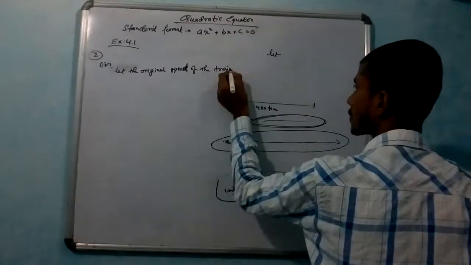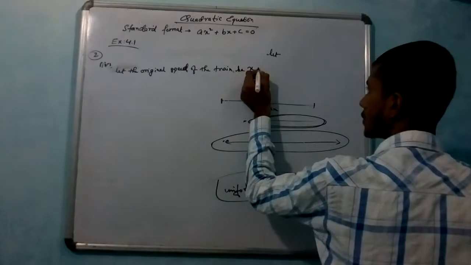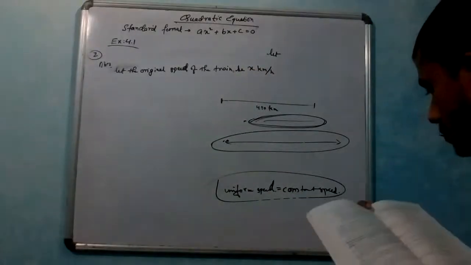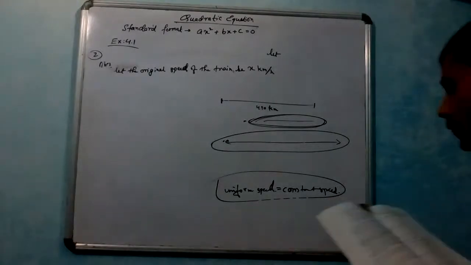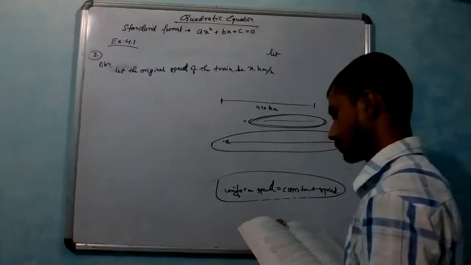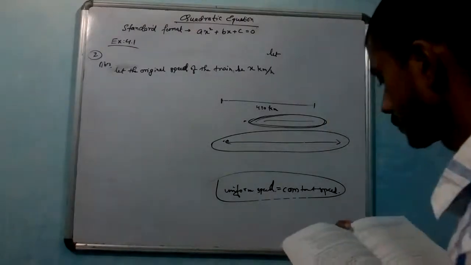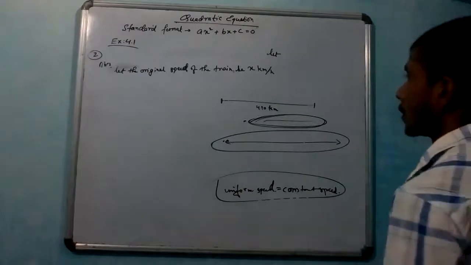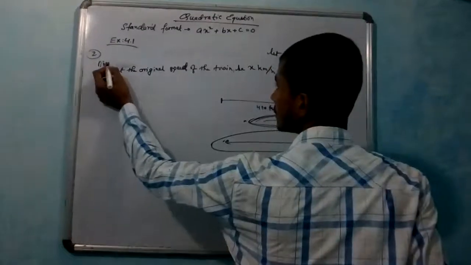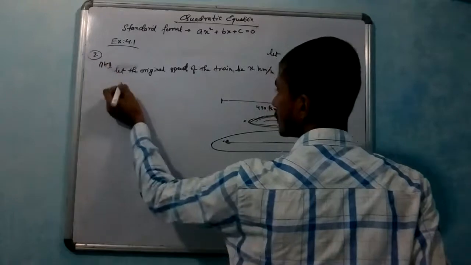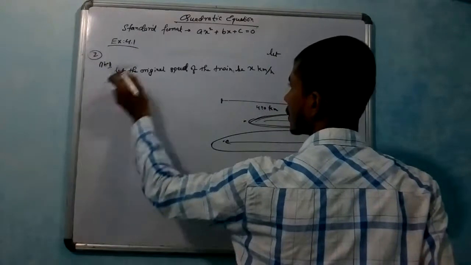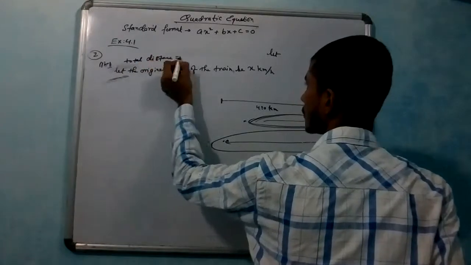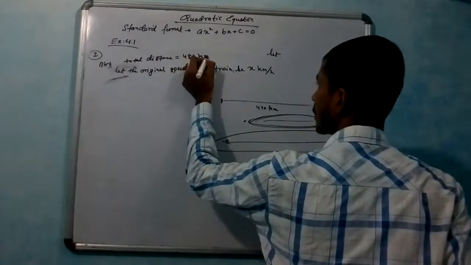So next what? And what is the total distance given? Here, total distance 480 km, and let the original speed be x. So therefore, can you calculate the original time?